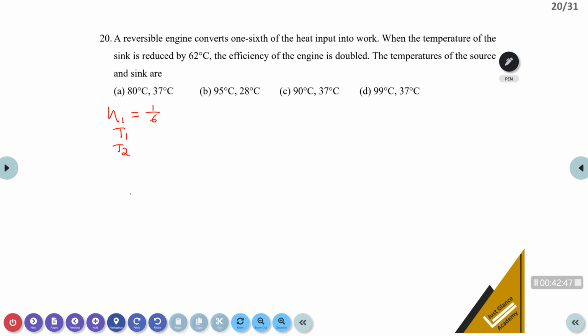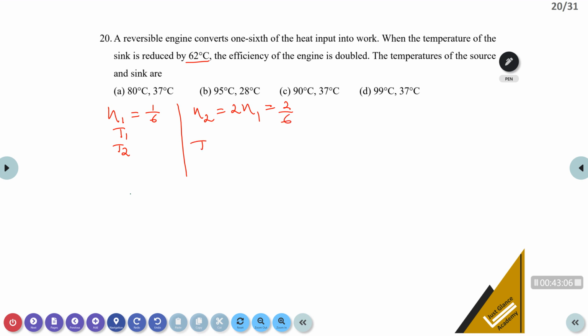is T2. Next, the sink temperature is reduced, so that efficiency is what? Doubled. Efficiency equal to 2 times of what? Eta 1 equal to 2 by 6.